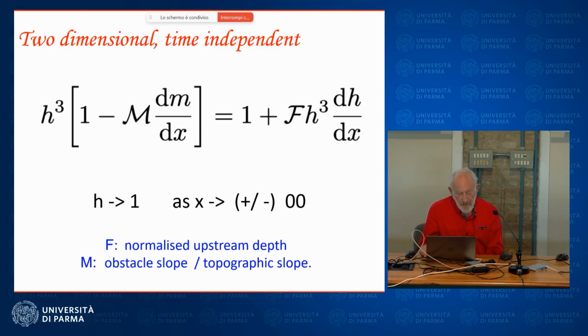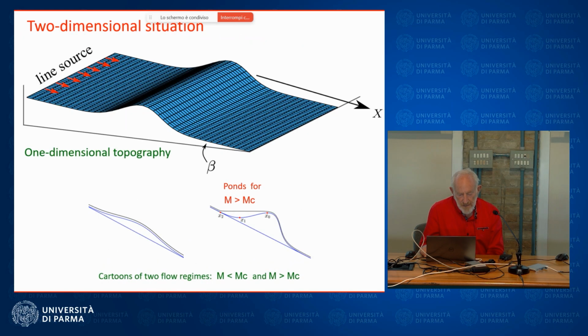Anyhow, if we have a two-dimensional situation that's independent of time, just so we get some feeling, this is the equation that we need to solve. Now, it's non-linear, but these days that's not so bad. And what can happen, and this is really of greatest interest, is that either the flow can be at the bottom left if the script M is less than some critical value given by MC, or it can be greater and then it ponds.